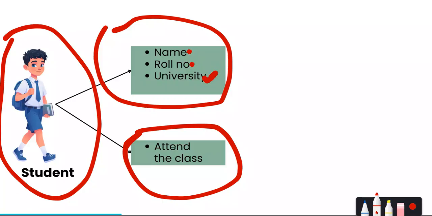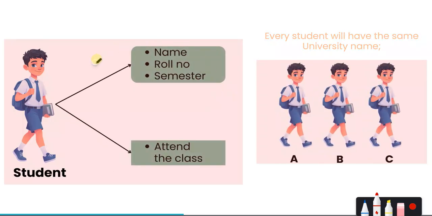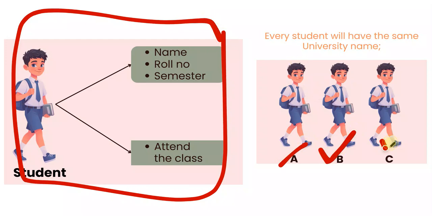Here you can see I have included some data members, for example name, roll number, and particularly university. Now, that is a class, and when we start creating objects, every object will have all these data members. So every student will have the same university name, because all these students are studying in the same university, and we are developing an application for that university.